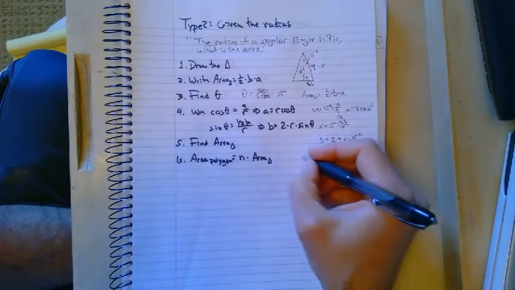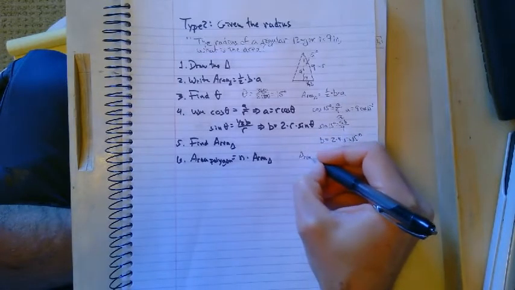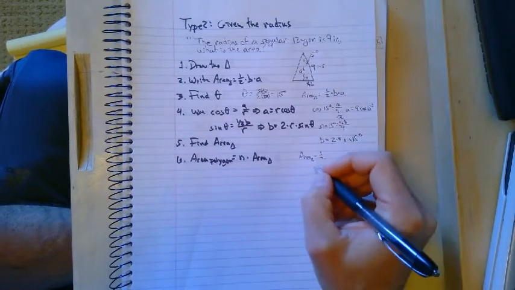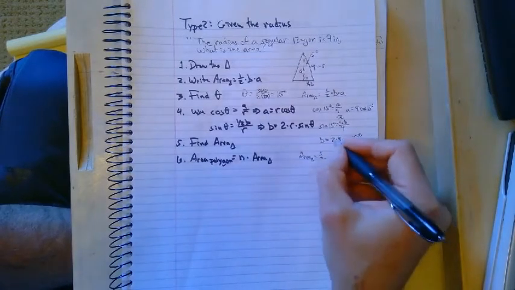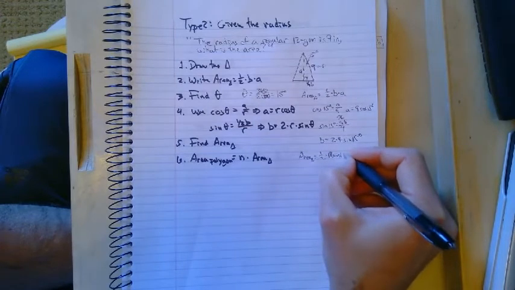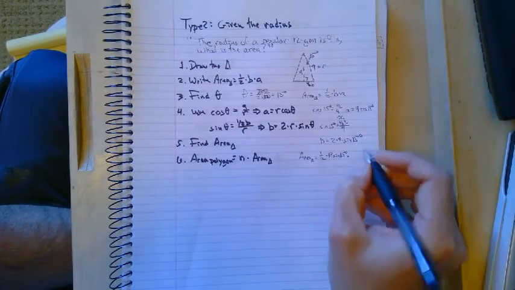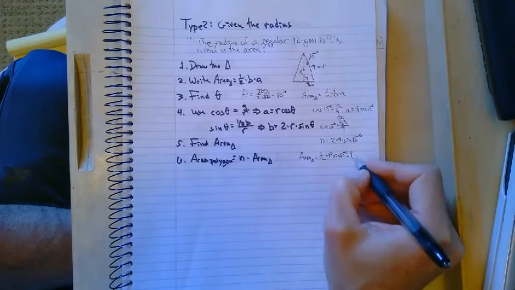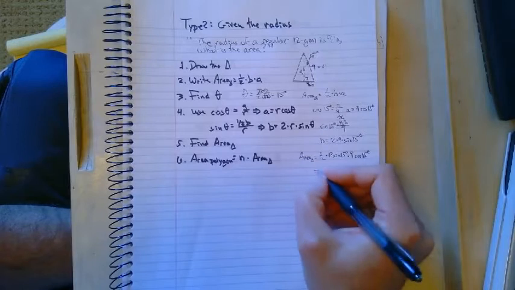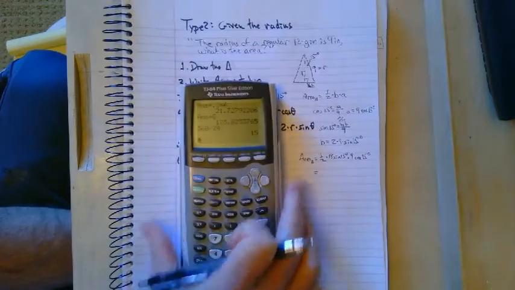So finding the area of the triangle is going to be 1/2 times B times A. My B, 2 times 9 is 18 sine 15 degrees, times A, which was 9 cosine 15 degrees, and I'll type all that into my calculator.